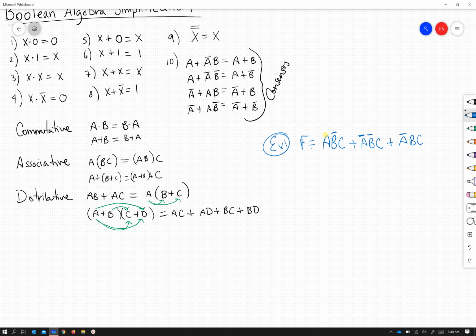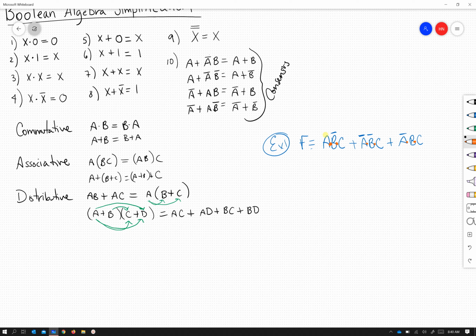So instead of building the circuit, if we were to build it at this time, we would have 1, 2, 3, 4, 5, 6 AND gates. Every time you have a dot or the multiplication symbol, that's an AND gate.